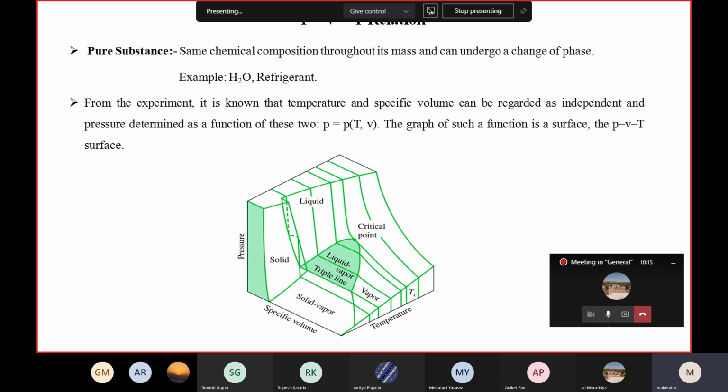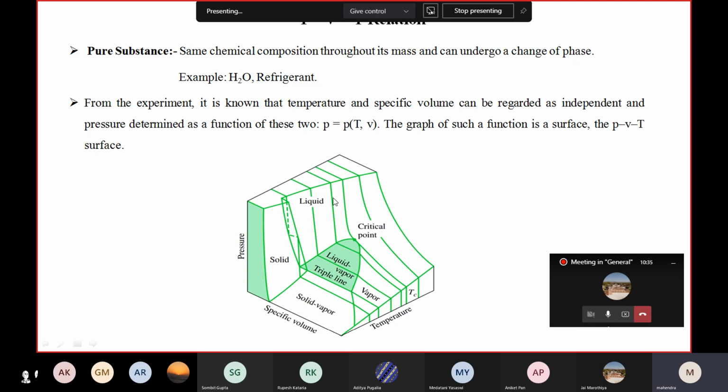Then steam, which is the major substance or working fluid in our thermal plants. Apart from this, any substance which is just changing phase but composition is not changing, even ammonia. In refrigerants also many refrigerants are like that.